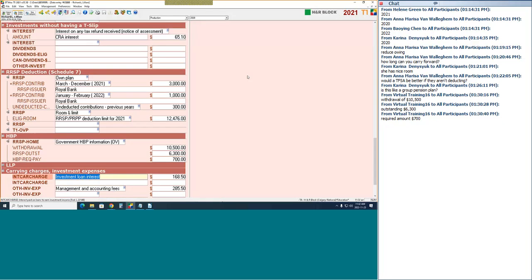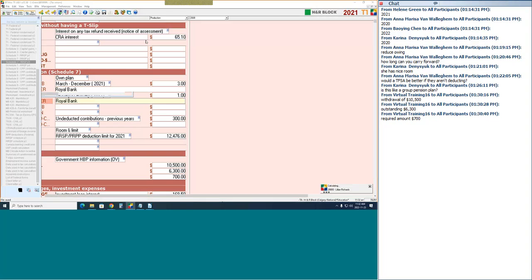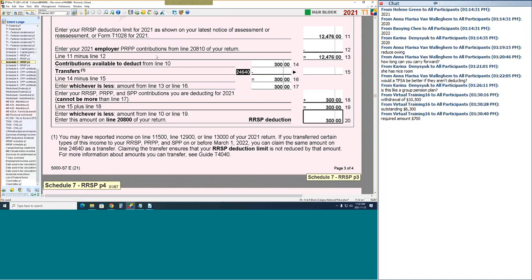Now, if she had not put the money in, so I'm going to change this to a 3, and I'm going to change this to a 1, and let's assume that she contributed $4 this year to her RSPs, and she had $300 outstanding. In that case, what would happen? She would get her undeducted contributions.